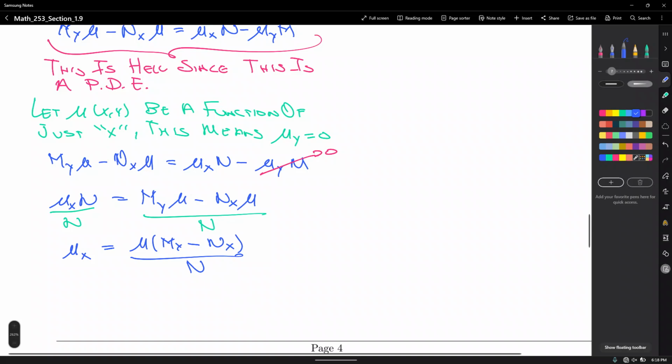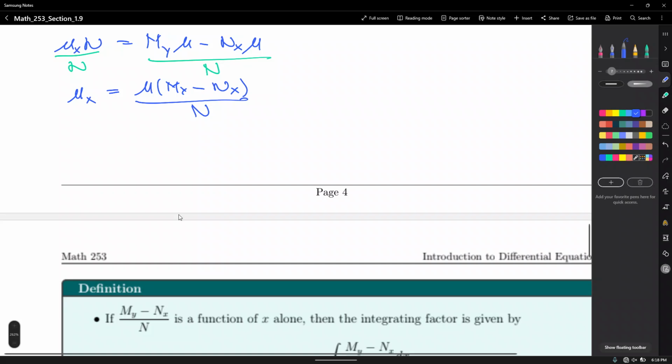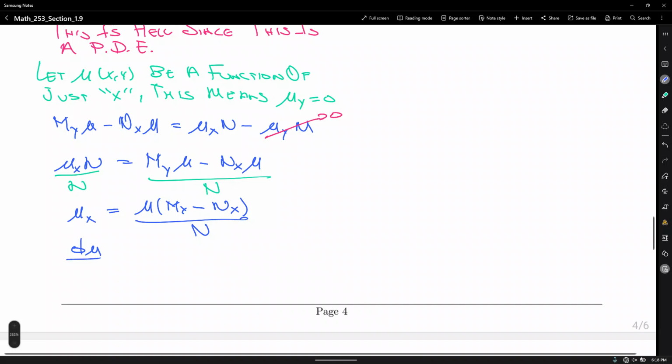But remember, what did we say about this mu? Didn't we say it's only now a function of a single variable x? So I can write it as d mu dx.